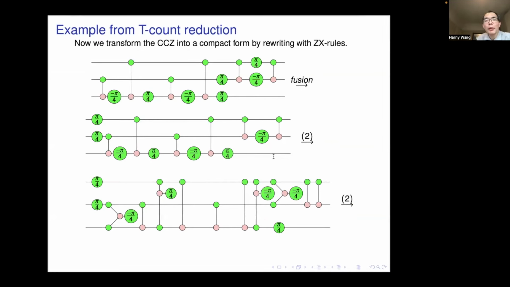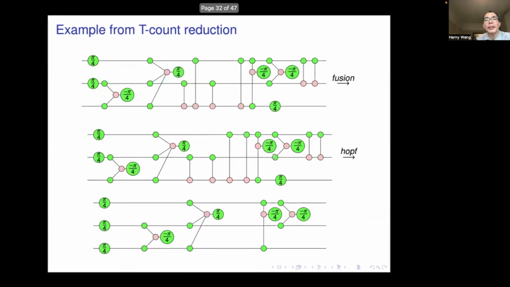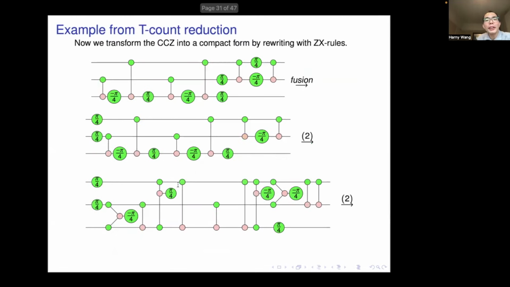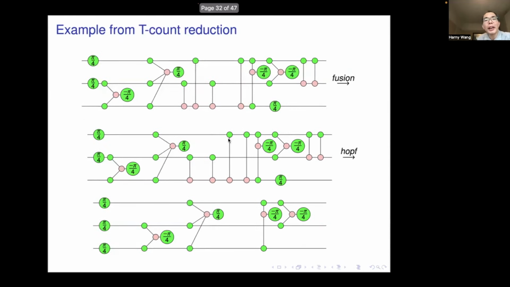What we will do then is move, because here you can see this color is the same. This color is red, and they're on different wires, so they can just commute with each other. So I will commute and commute, then I will get this.